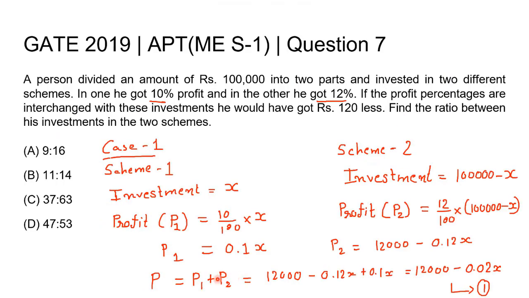Now, as you can see in the question, in the second case, when the profit percentages are reversed, the person gets 120 rupees less. This means that P dash will be 120 rupees less than the total profit in case 1, that is P. So, we can write here that P is equal to P dash plus 120.